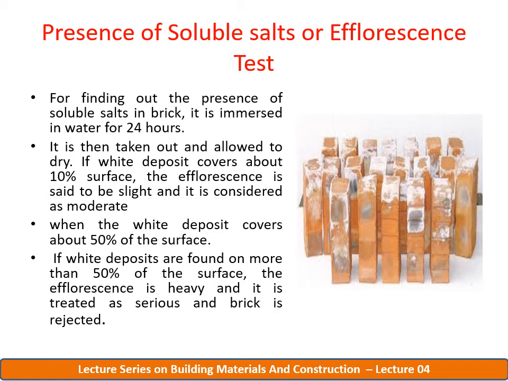When salt deposit is not found on the surface, then it is said to be nil. In case of slight, when efflorescence does not cover more than 10% of the exposed area of the brick, it is said to be slight.